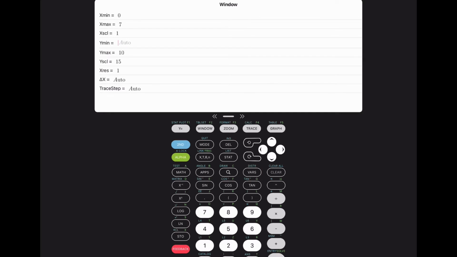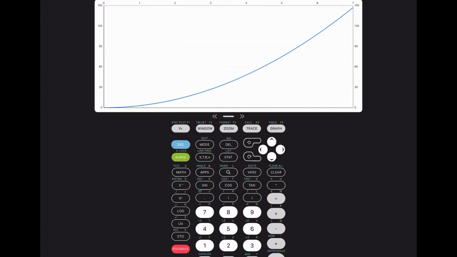My y min, I want that to be 0. And I'm going to make my y max 150, that should be good. And my y scale I'll put to be 15, meaning each tick mark should be 15 units. And I'm going to graph it, and there we go. So there's our nice curve all in quadrant 1. So let's screenshot that.